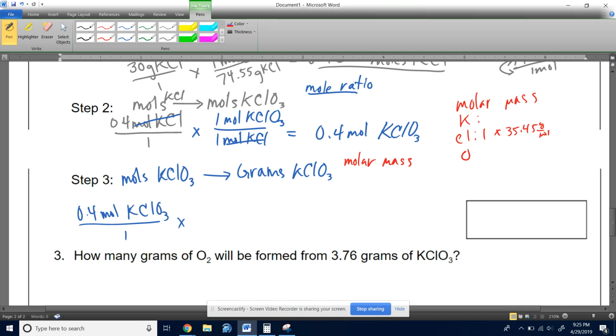Then K, we only have 1, and we multiply that with 39.1 grams per mole. And in oxygen, we have 3 of those, and we multiply that by 16, and that gives us 48 grams per mole.